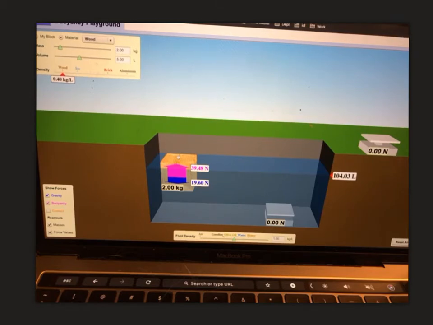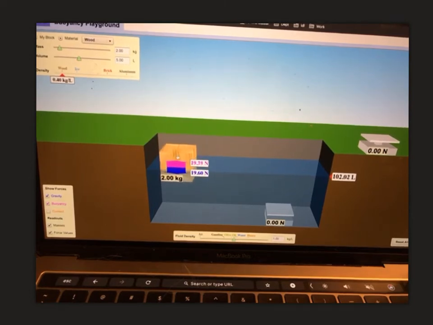So now a little over 4 liters of the block is submerged. And now the buoyant force does not equal the weight of the block anymore. So the buoyant force is actually greater than the weight of the object, so if I now let it go, it goes back up to equilibrium because the water is pushing up on the block.